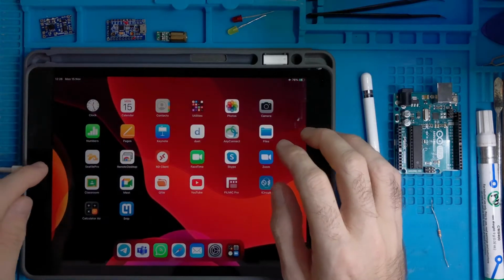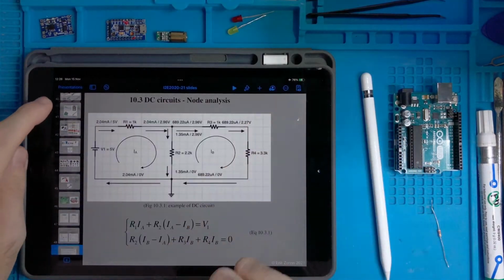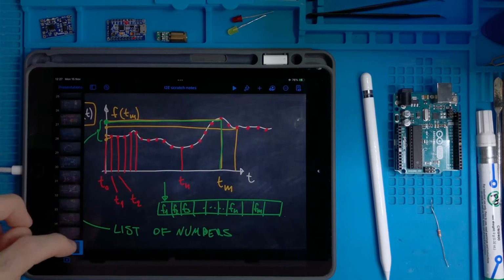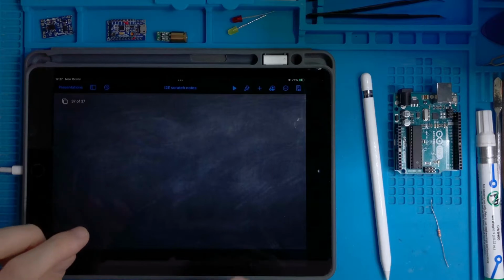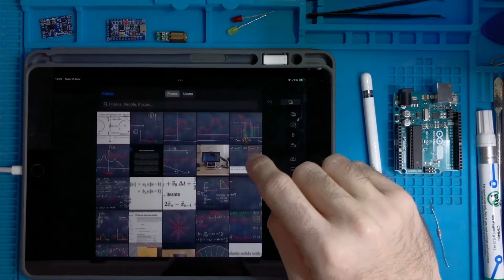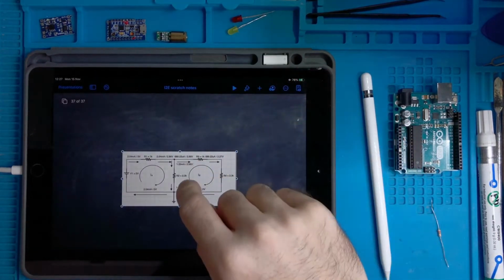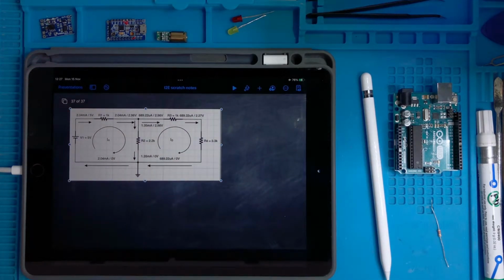Then I switch to our blackboard, and then I put in a picture, this one. Okay, so let's see how it works.